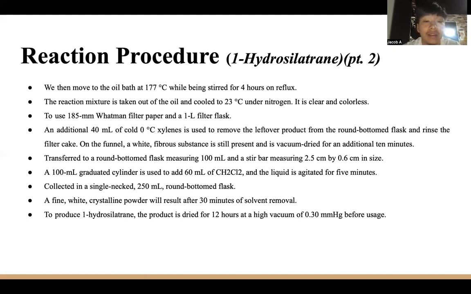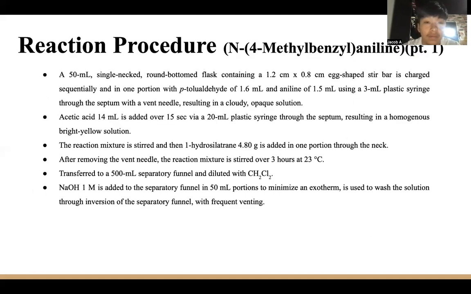Collected in a single-necked 250 milliliter round bottom flask, a fine white crystalline powder will result after 30 minutes of solvent removal. To produce 1-hydroxyletrain, the product is dried for 12 hours at a high vacuum of 0.30 mmHg before usage.